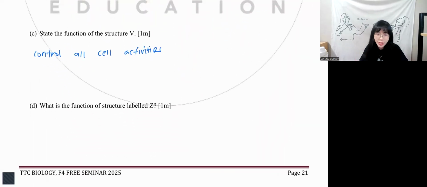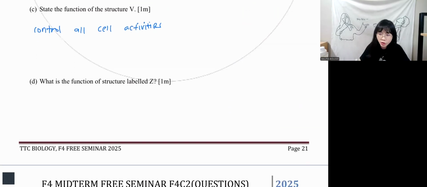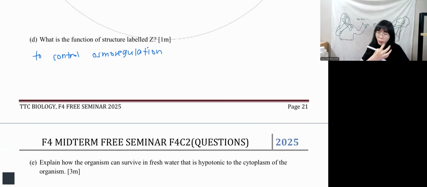Can you tell me the process of contractile vacuole to control water balance in the cell? The word used is known as osmoregulation. Very good. So we're going to say to control osmoregulation, or you can say involved in osmoregulation or helps in osmoregulation, also correct, up to you.